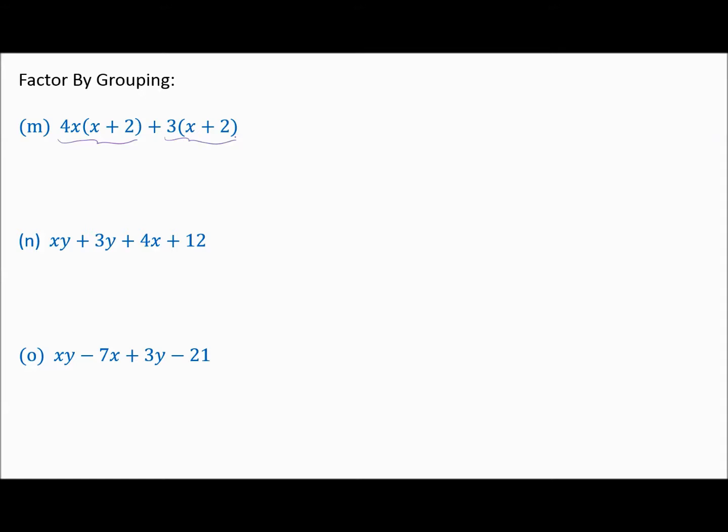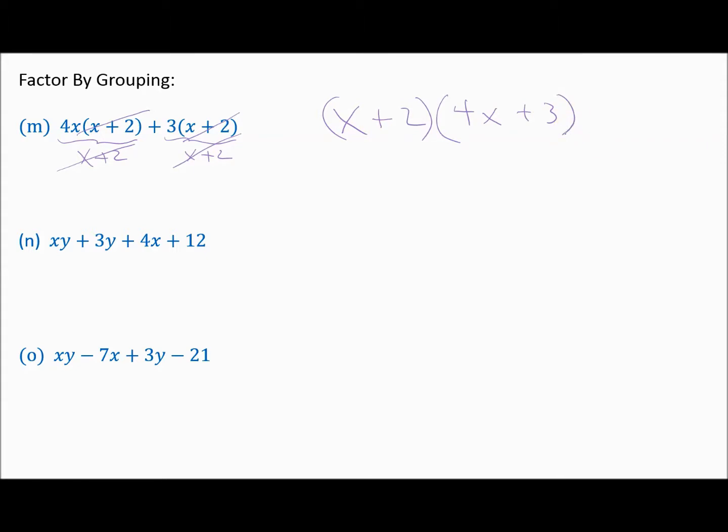And what do those terms have in common? I know you see what it is. It's x plus 2. So let's factor out that x plus 2, put it in parentheses. Remember, I'm dividing this one by x plus 2, and I'm dividing this one by x plus 2. So that cancels. So in parentheses after, this is what's left over, 4x, and then those cancel, plus 3.